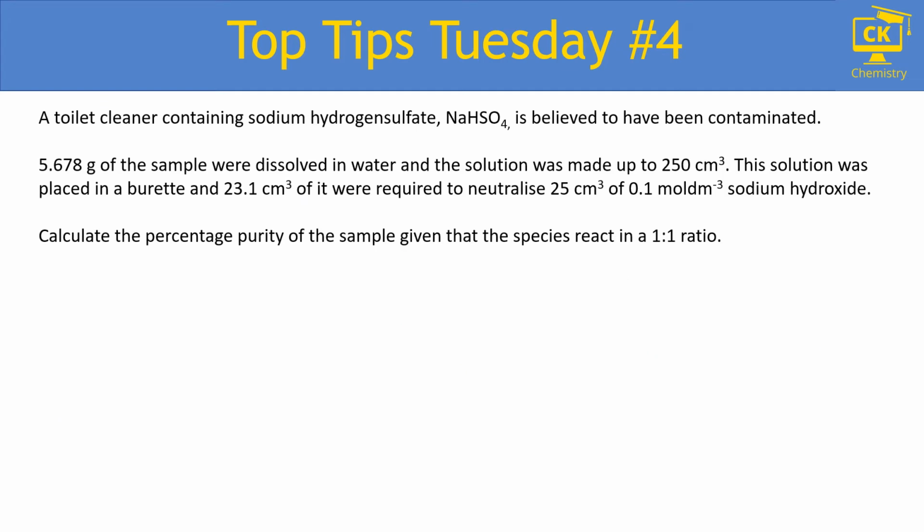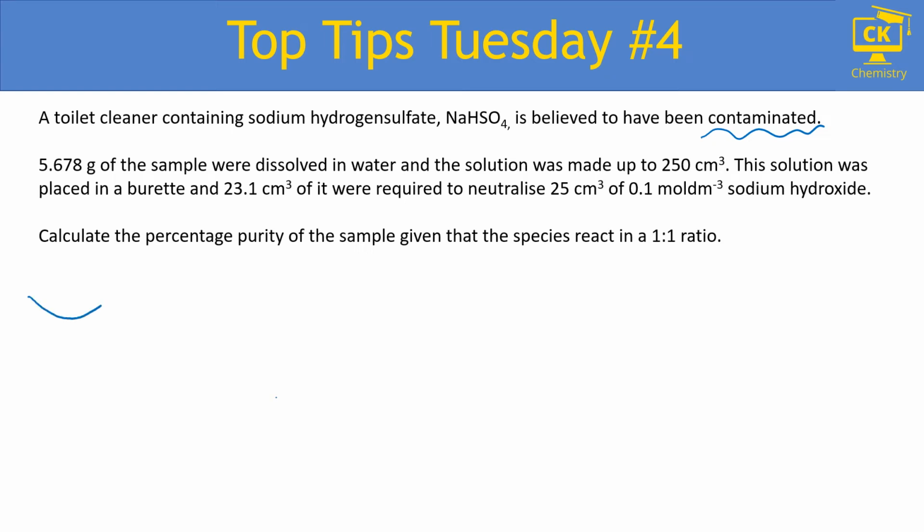Okay, what about this one? It's a titration question. And again, titrations can be nice and easy if you've just got a couple of solutions, but what's happening here is we've got a solid which is impure, so we've got this word contaminated. It's been dissolved in water, and then it's been titrated.